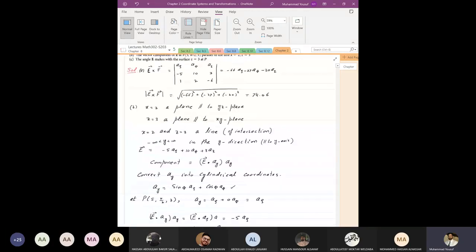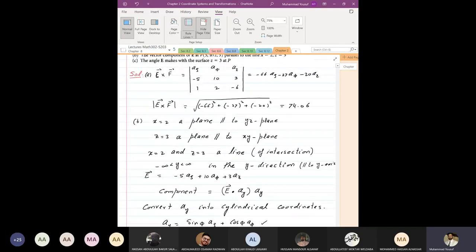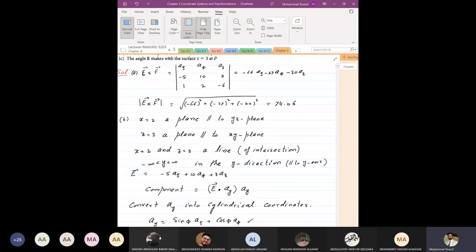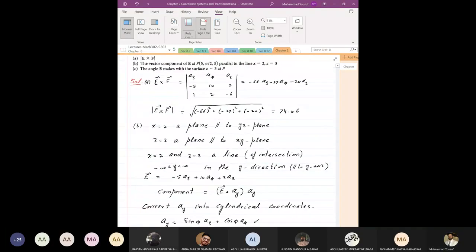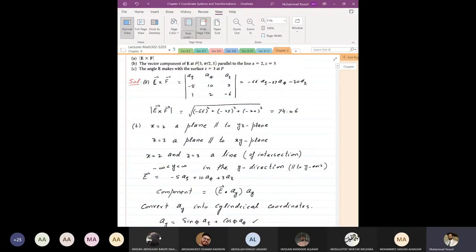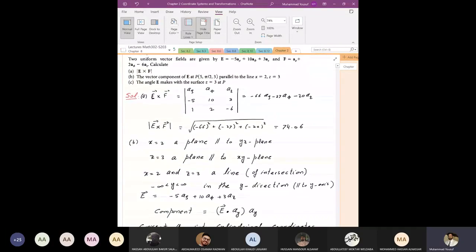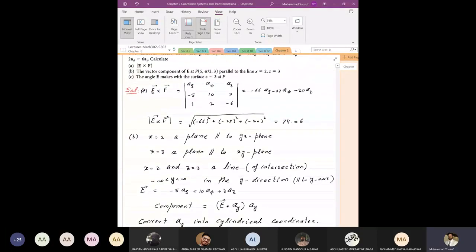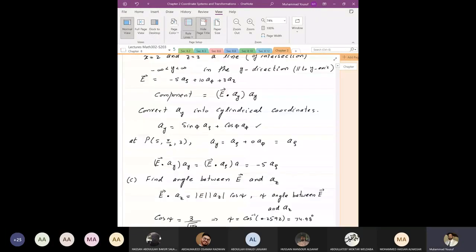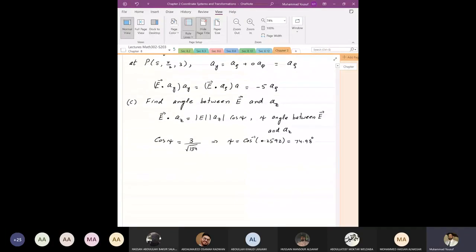So here I tried to explain the steps which were kind of missing, like how the component is E dot AY, multiplied by the unit vector AY, and then the angle between two vectors from your calculus. Here it should be an arrow.